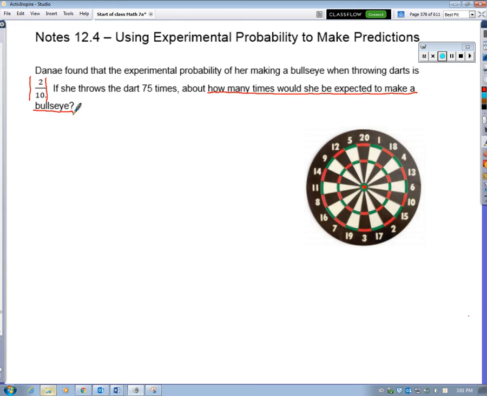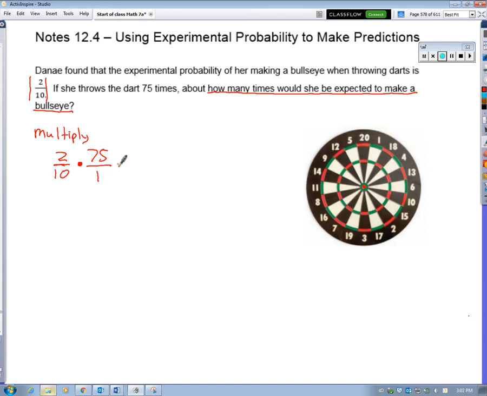Okay, what we're going to do with this is we're just simply going to multiply. We're going to multiply the experimental probability by 75 times to figure out what that would be. There are two ways you can do it. I'll show you the first way here. We can take 2 over 10 and multiply that by 75 times.